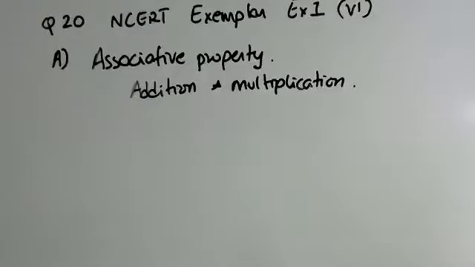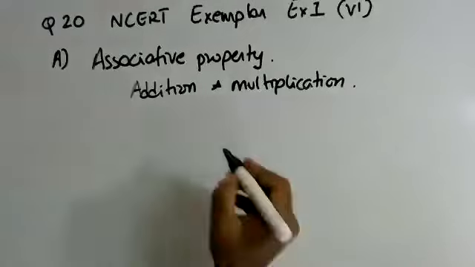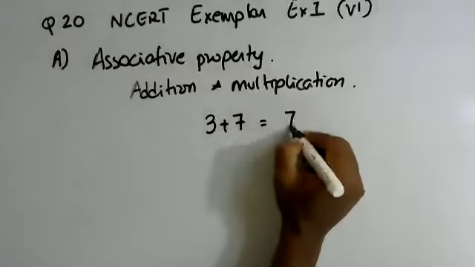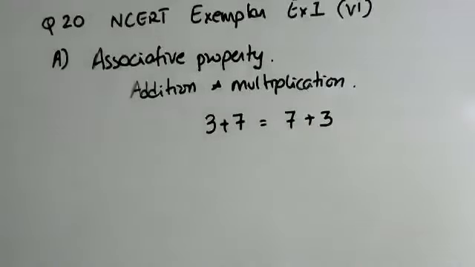No, that is not it. That is the identity function. We will come to the identity function a little later. Yes, Mudit, please tell us what is the associative property. Sir, it is like 3 plus 7 is 10, and then you reverse it, 7 plus 3. You reverse the numbers. Yeah.